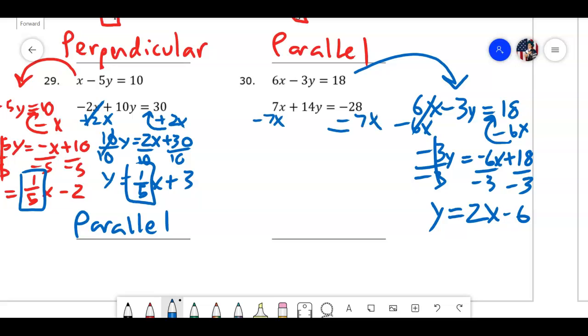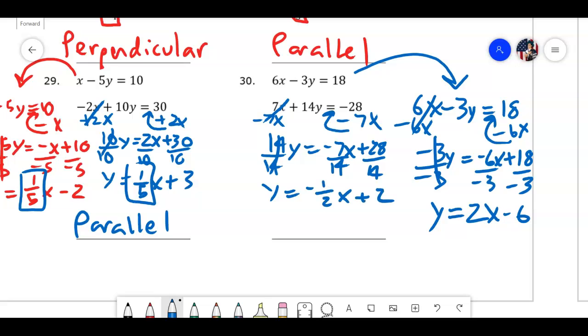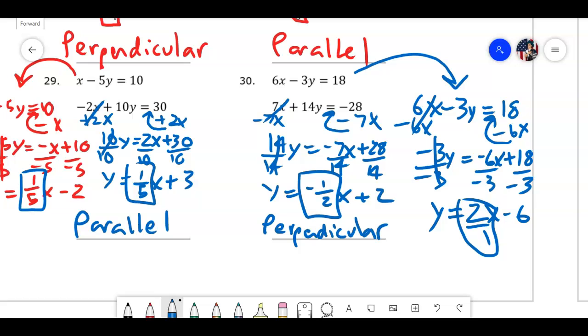Minus 7x on this side. 14y equals -7x plus 28. Divide by 14, and I get y equals -1/2 x plus 2. -1/2 and +2/1 are opposite reciprocals. That's perpendicular. Okay.